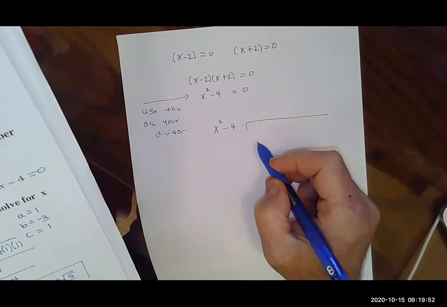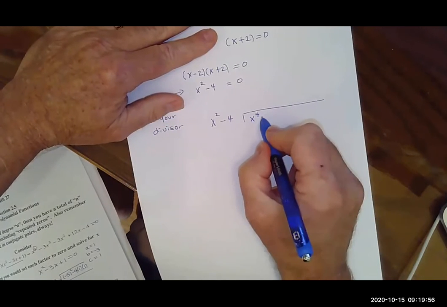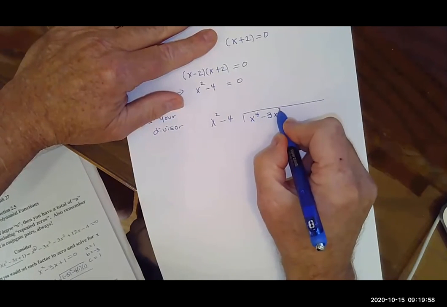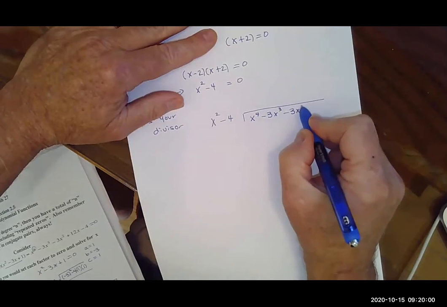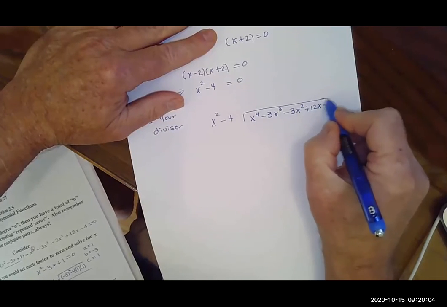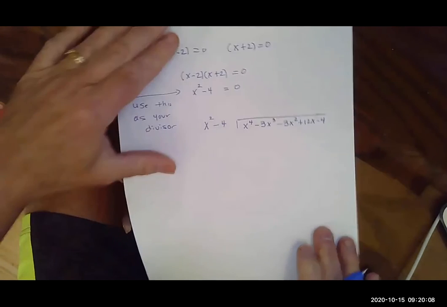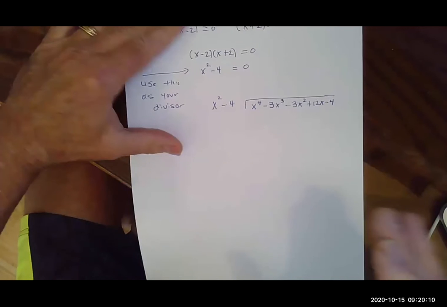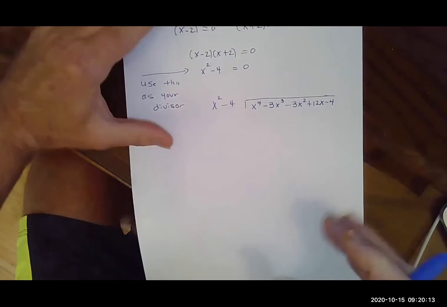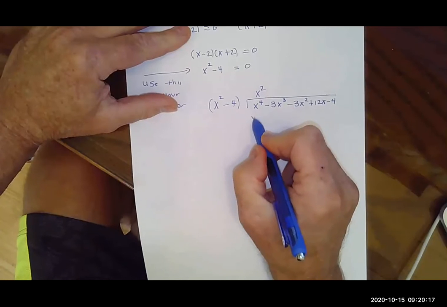And look at the original. To match this up, that's going to be an x squared. Multiply here, negative 4x squared.